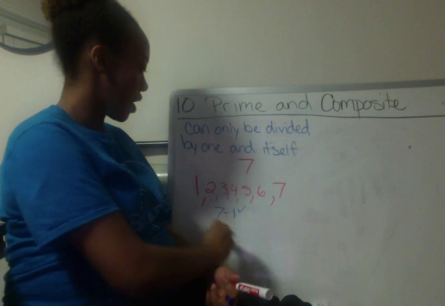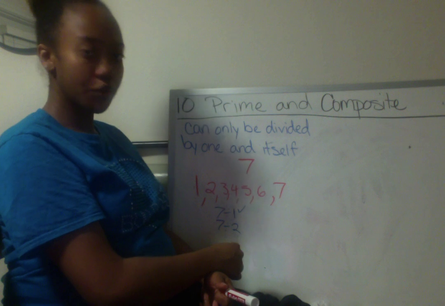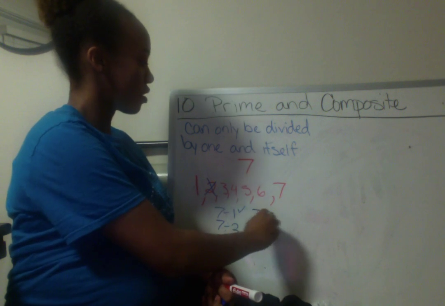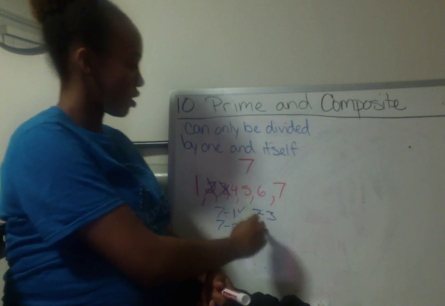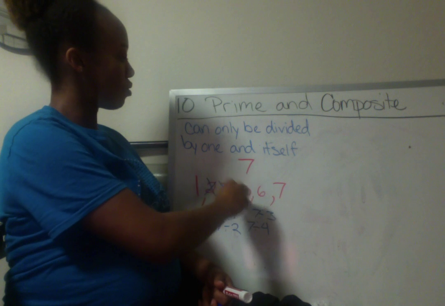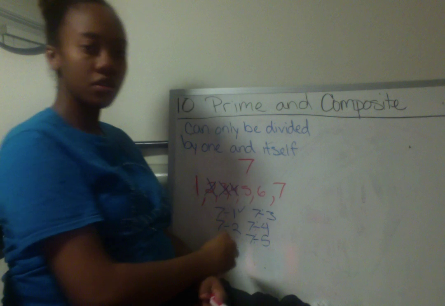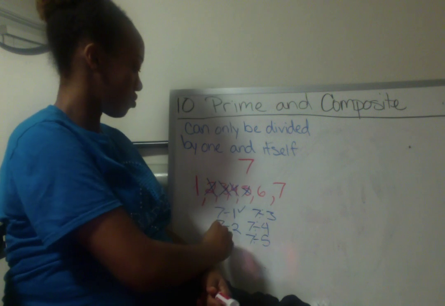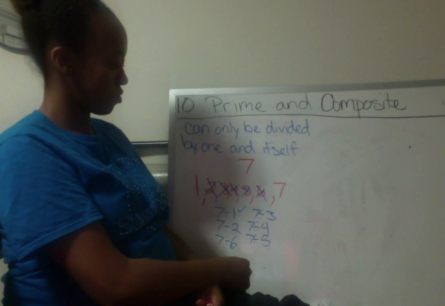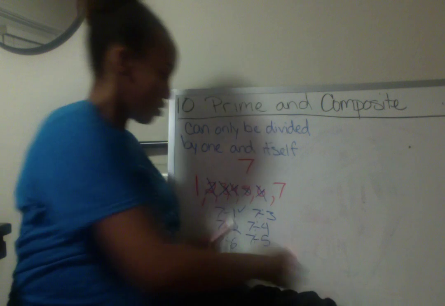Yes. Can I divide 7 by 2? No. 7 divided by 3? No. 7 divided by 4? No. 7 divided by 5? No. 7 divided by 6? No. The only thing that works is 7 divided by 1.